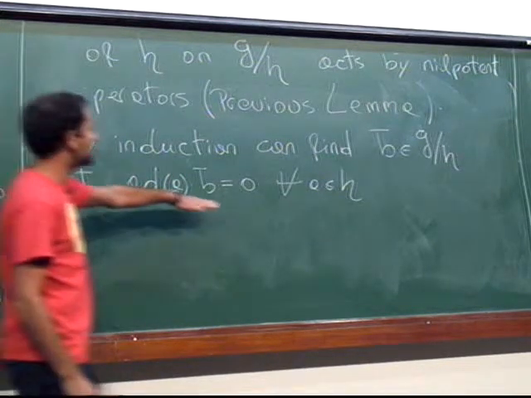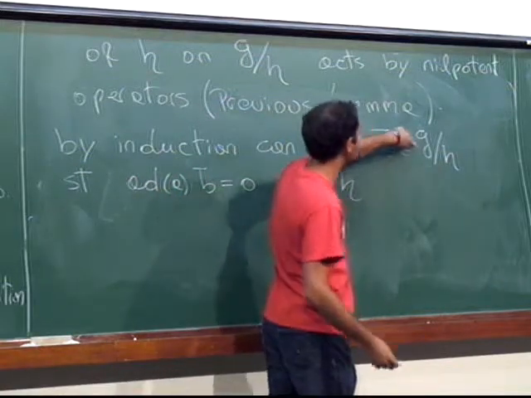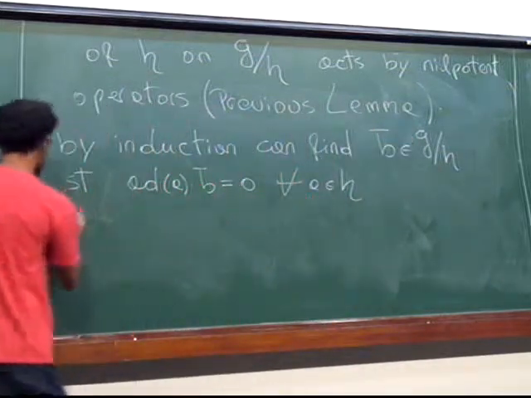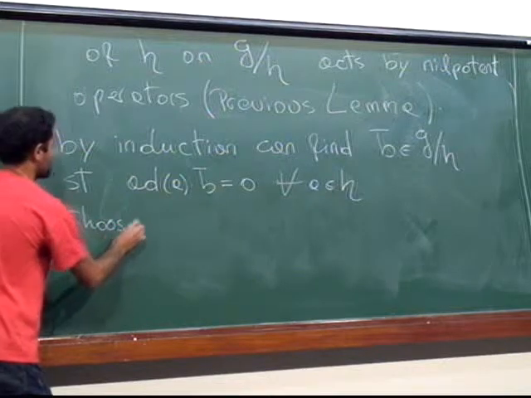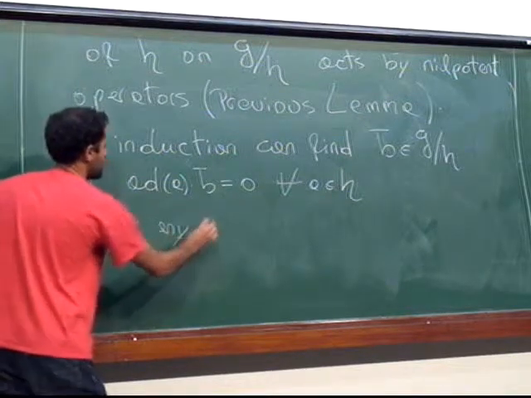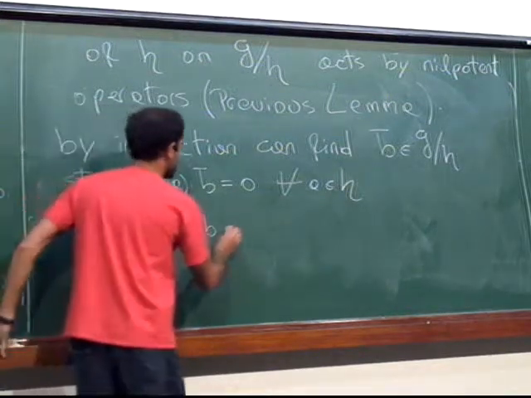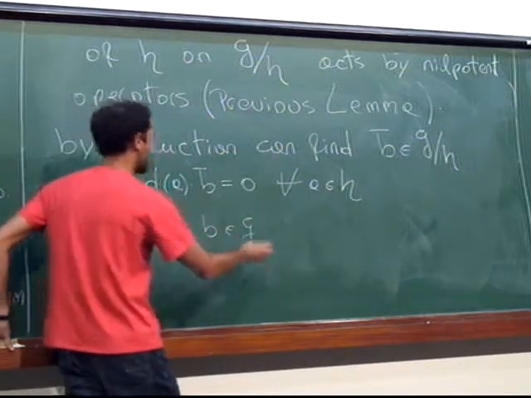What does it mean to be 0 in this space? Well, let's take a preimage in G. So choose any B, now this is in G, a preimage of that.